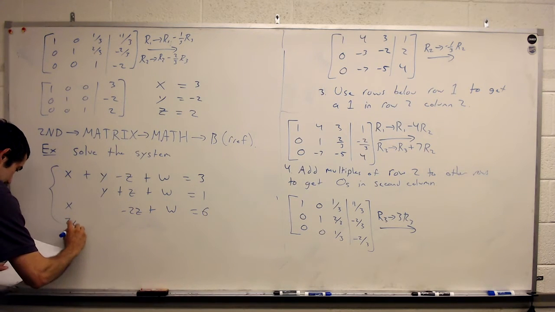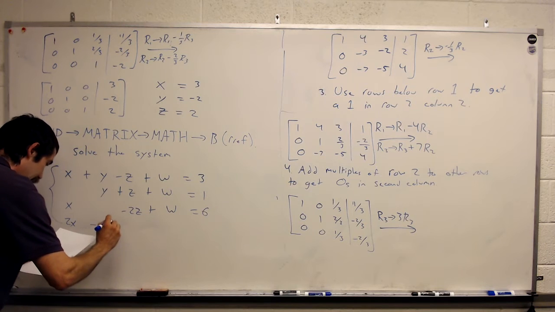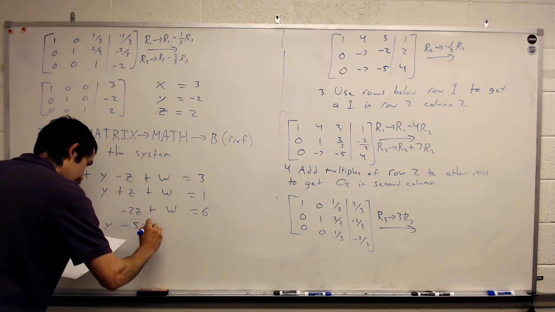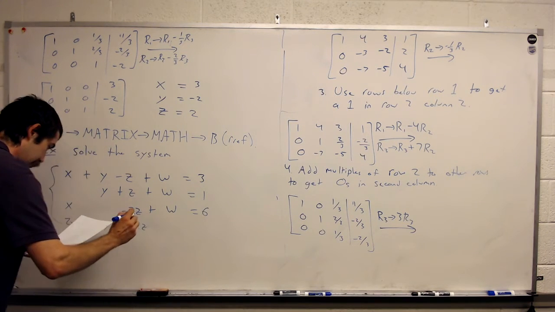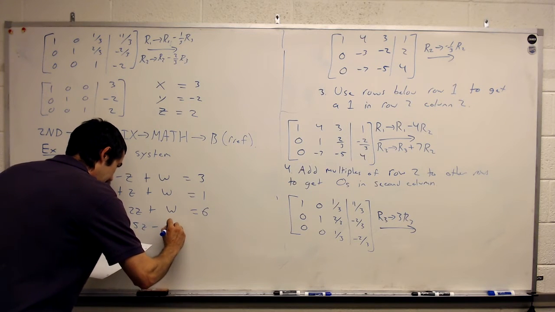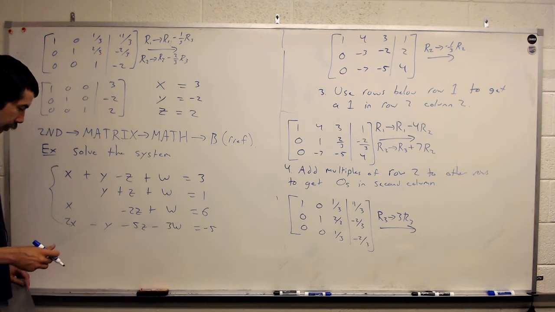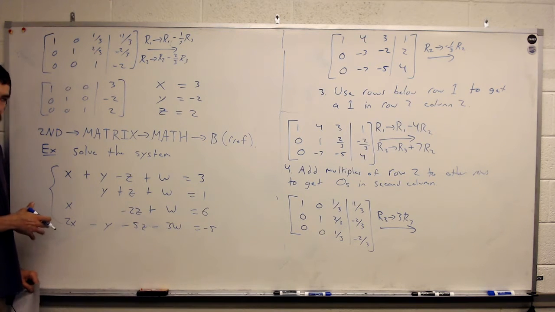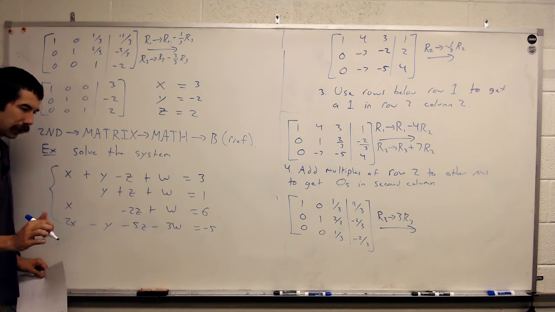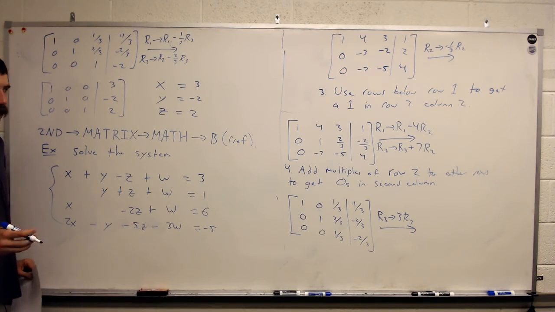And 2x minus y minus 5z minus 3w equals minus 5. All right, so we have 4 equations and 4 unknowns. And we want to solve this system of equations.